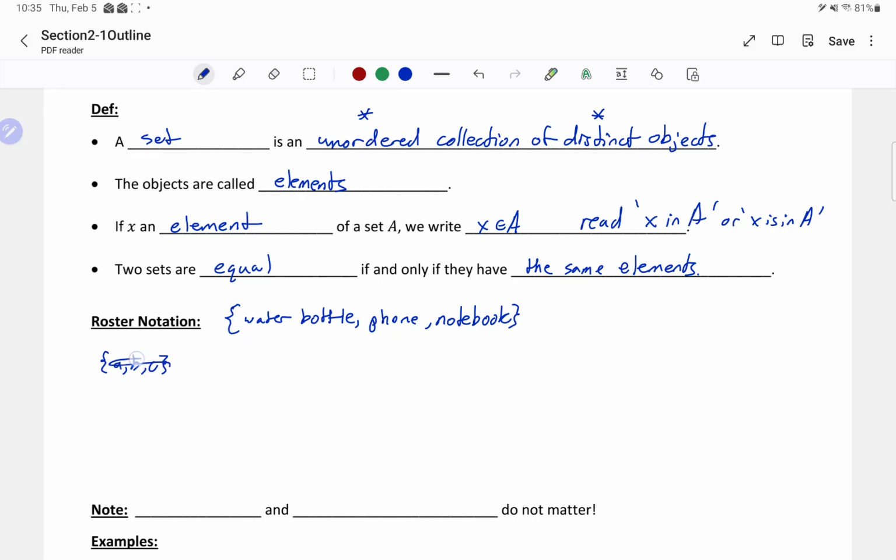I was just going to ask, how would you notate the set of all sets? There is no set of all sets. In set theory, no. It's actually not well defined. Because if you had a set of all sets, that set would then necessarily have to be inside of itself, and that would make it a bigger set.